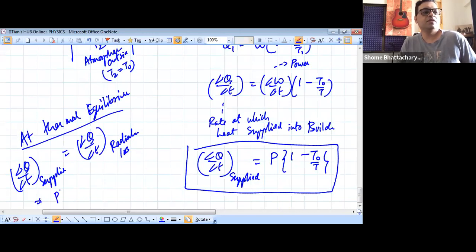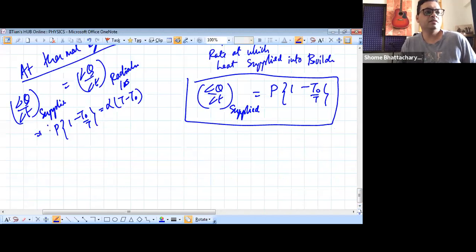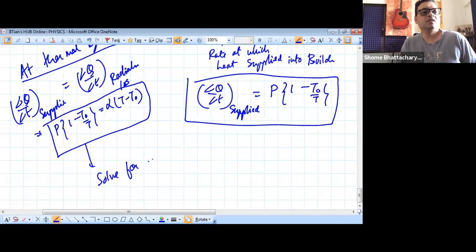So this power into 1 minus T0 by T will become alpha into T minus T0. From this you should be able to get the equilibrium temperature. This is a quadratic relation. So now solve this for T in terms of T0 and other constants.